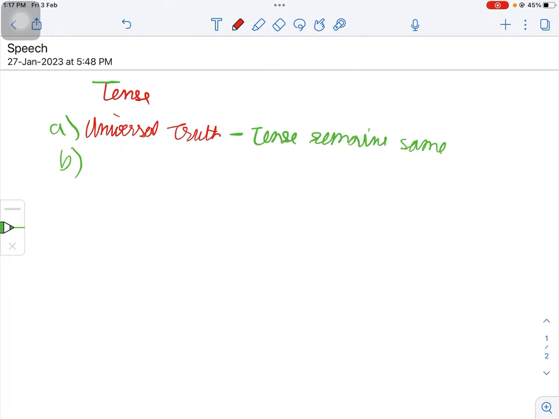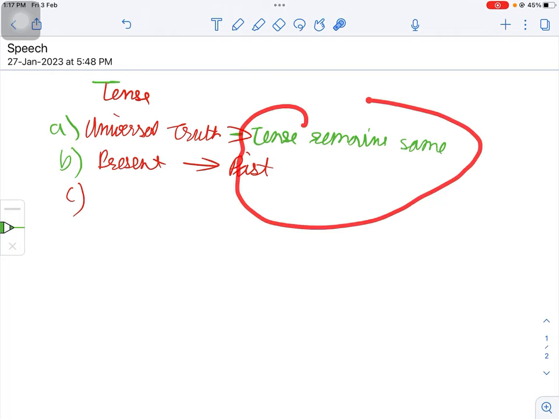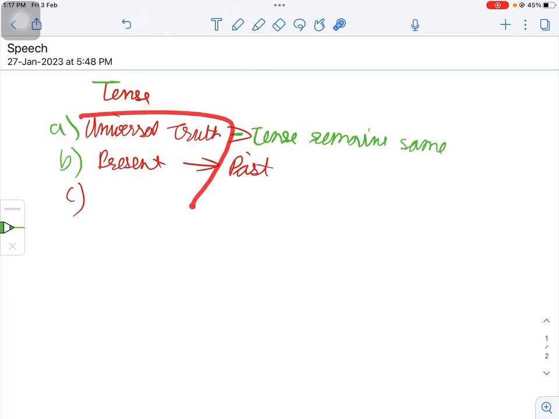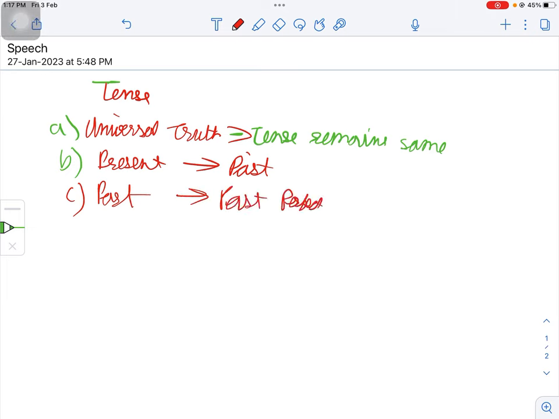Suppose it is in the present, then it will become past. This whole is indirect speech, and this is direct speech, remember. And if it is already past, then it becomes past perfect. We have to learn this, so learn it.